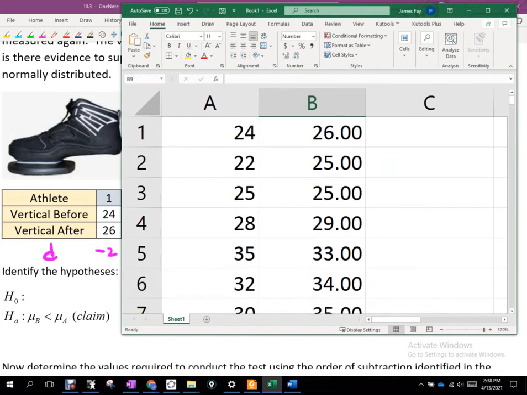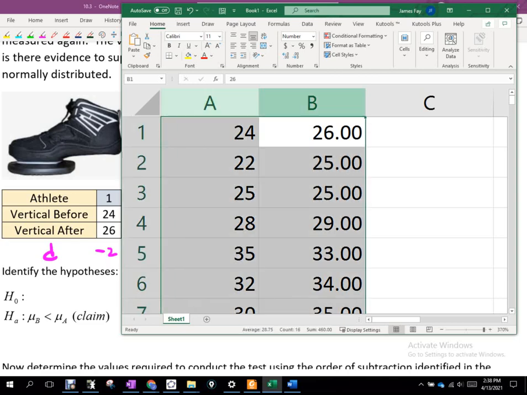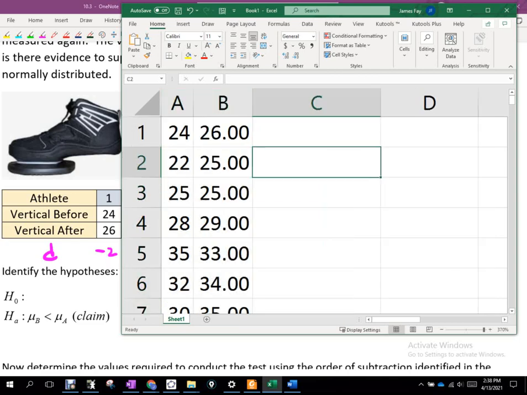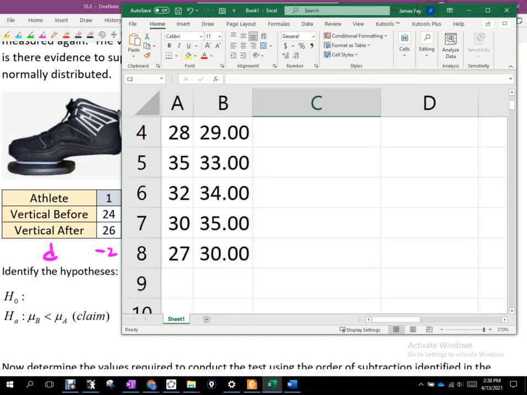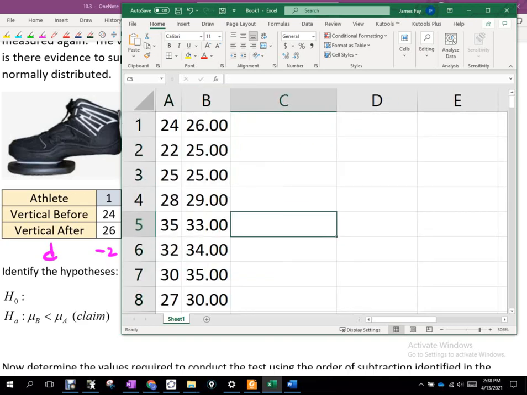All right, so I typed those in. Don't worry about the second column where it's putting 0.00. I formatted the columns earlier for a different application, and I didn't unformat those, but it doesn't matter. So now those are the eight objects in our sample, and they're paired.